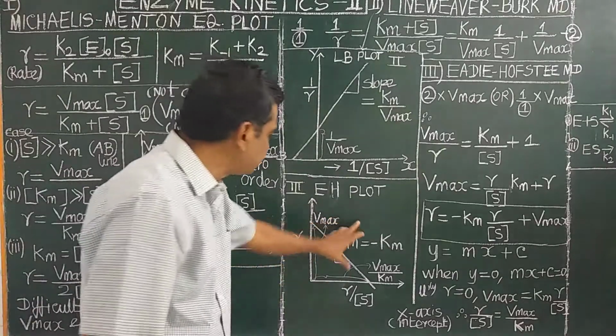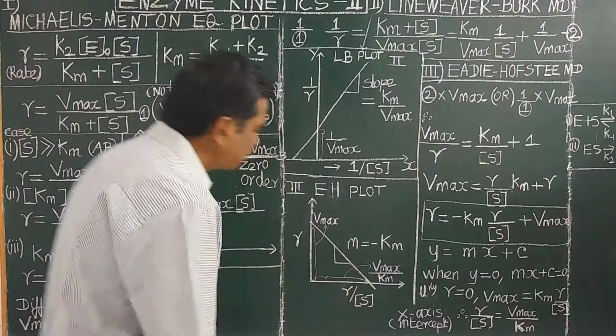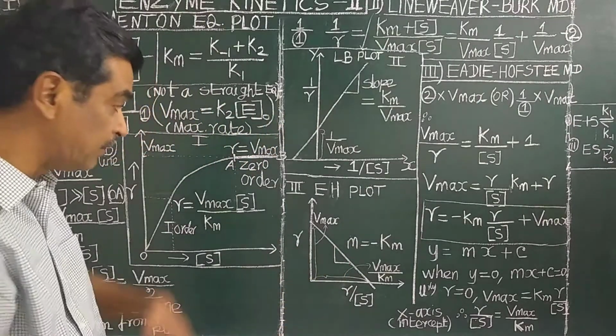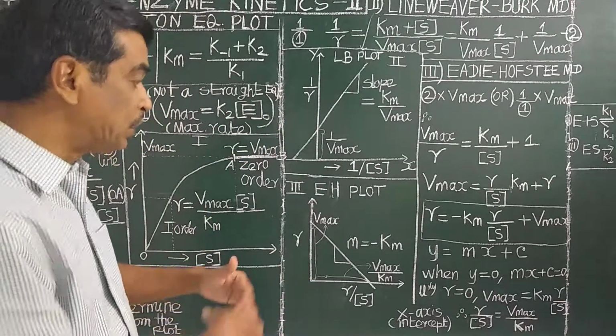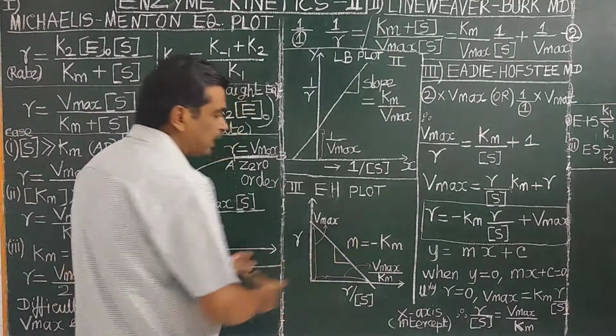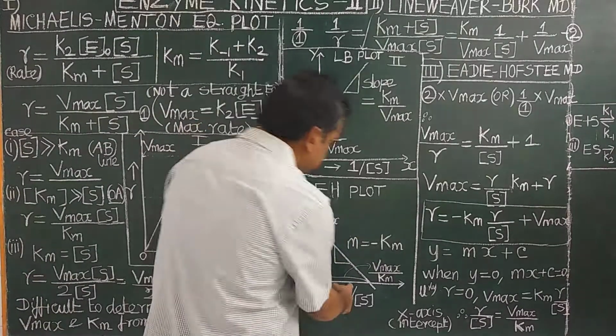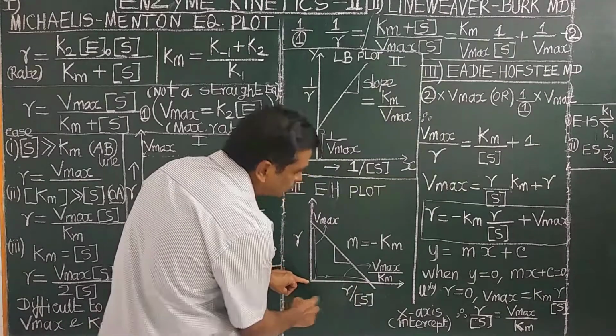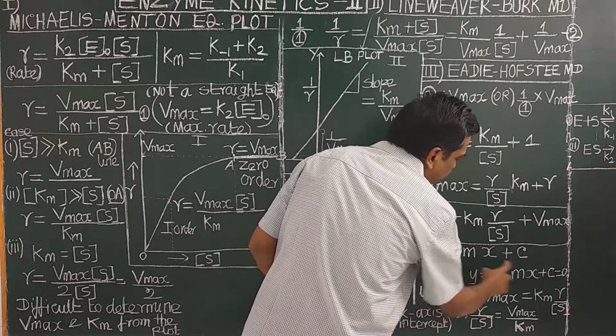From the y-axis intercept, from the straight line plot, Vmax is obtained. Sometimes it may be asked, in problems they will give the x-axis intercept. How is the x-axis intercept obtained? When finding the x-axis intercept, there is no y value, y equals 0.